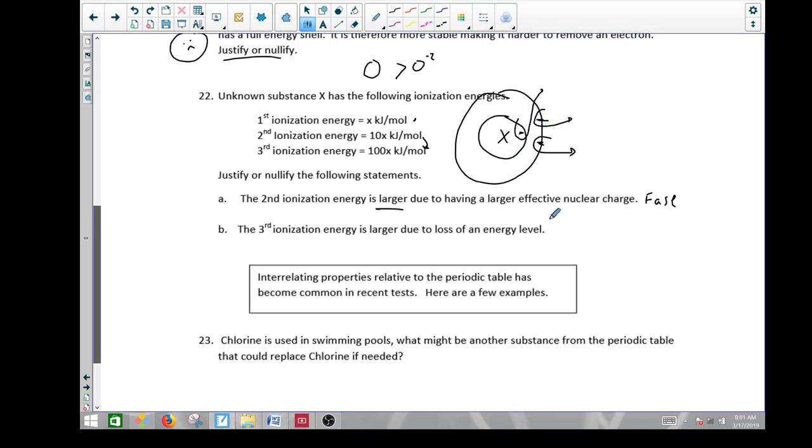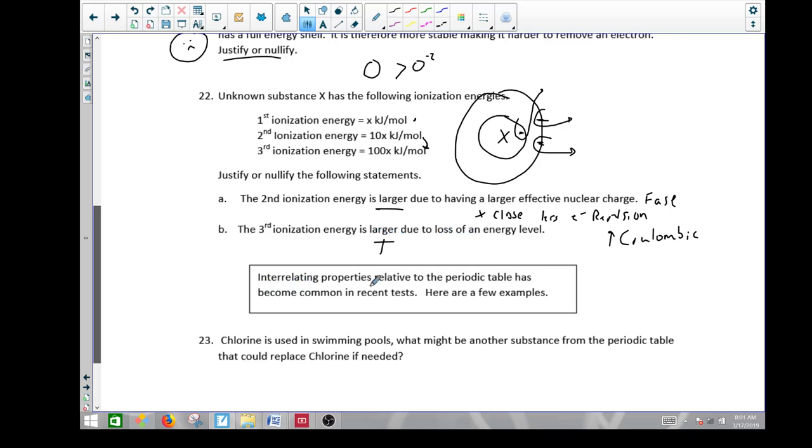The reason, how I would describe this, is that it is closer because it has less electron repulsion, therefore increased Coulombic interaction. The third ionization energy is larger due to loss of an energy level. This is true.